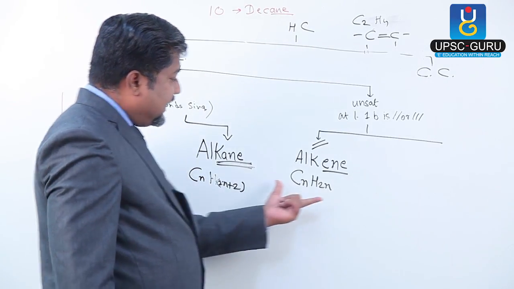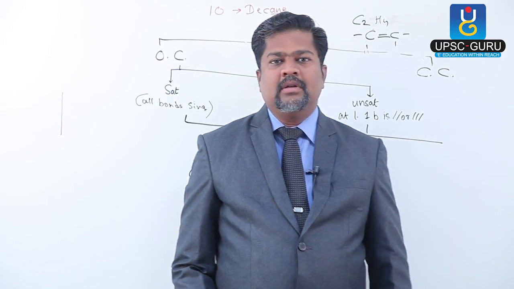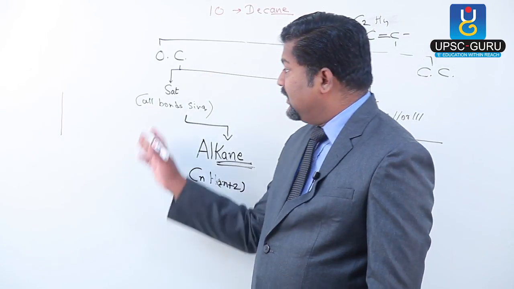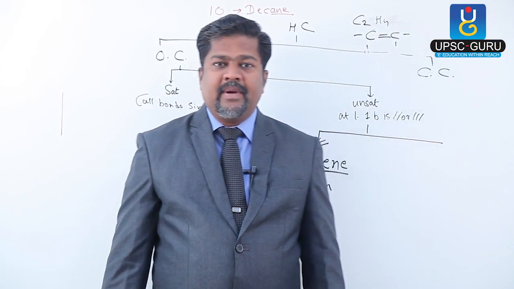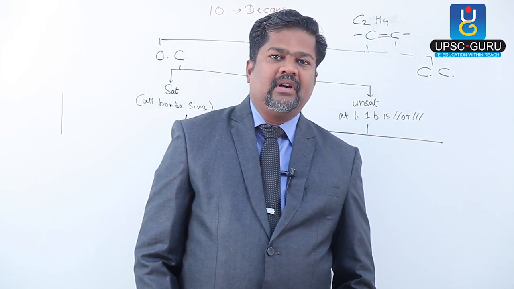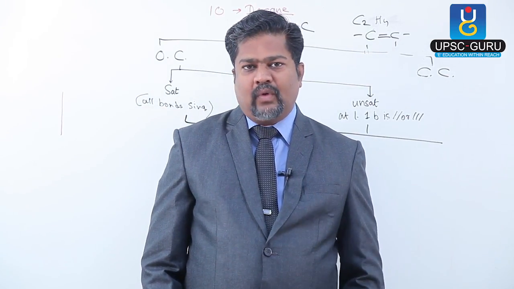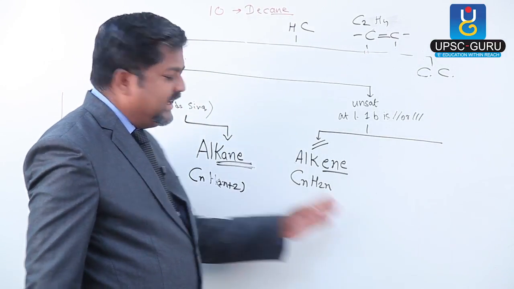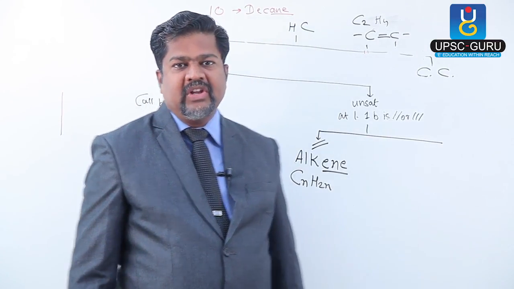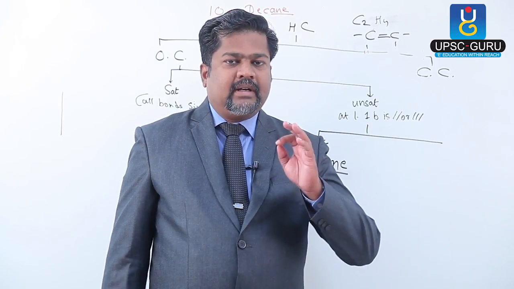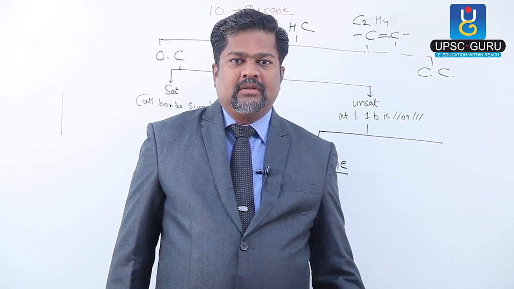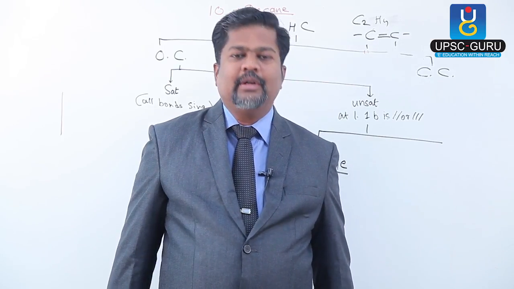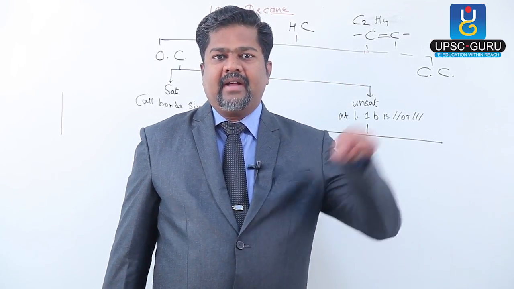Now in this case, particularly alkene, the first member is absent. In the alkane series, we discussed the first member is C1H4, that is methane. But here we are not having methane. The reason is obvious, you are aware of what alkene is. There should be at least one double bond between carbon and carbon.